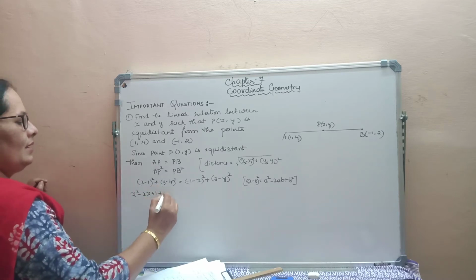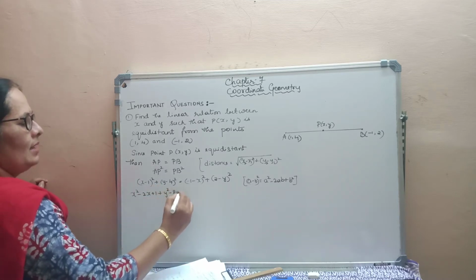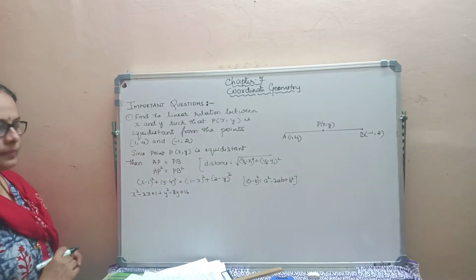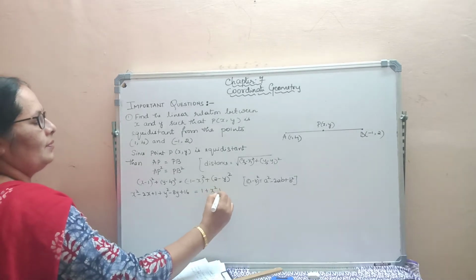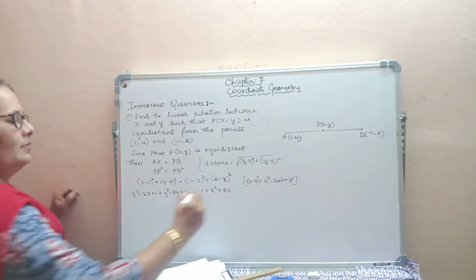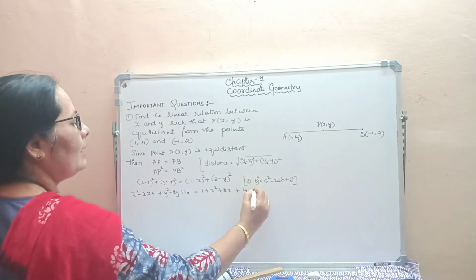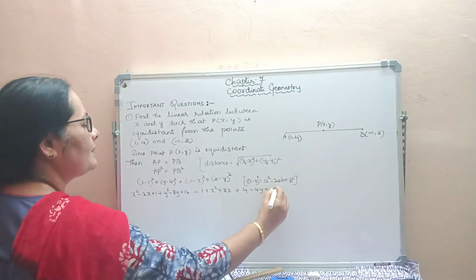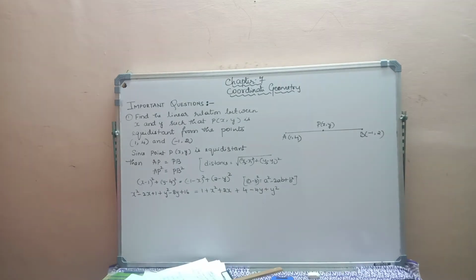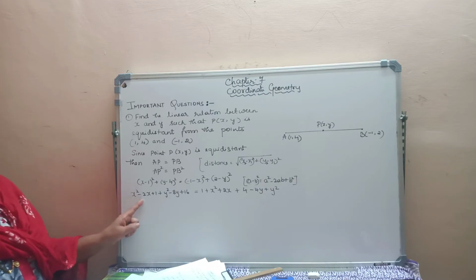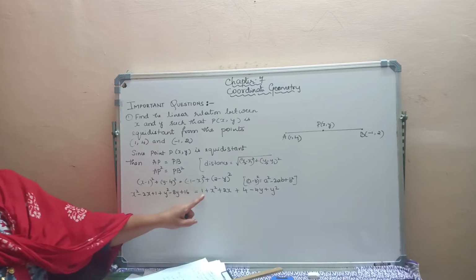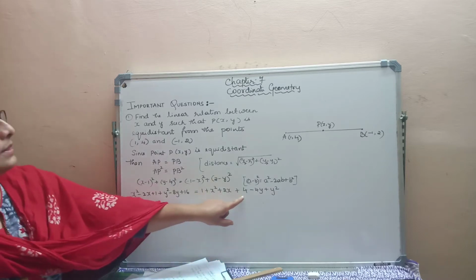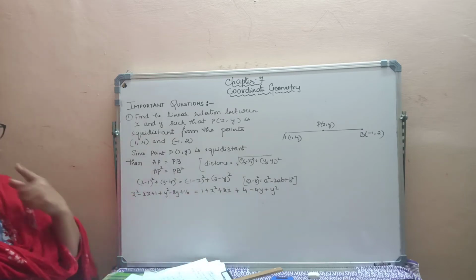Then y square minus 8y plus 16 equals 1 plus x square plus 2x plus 4 minus 4y plus y square.